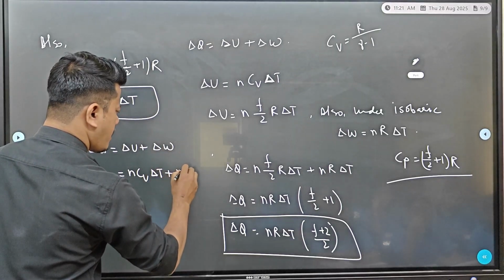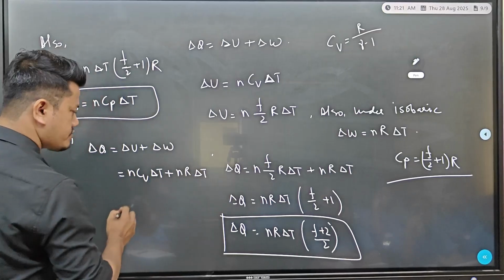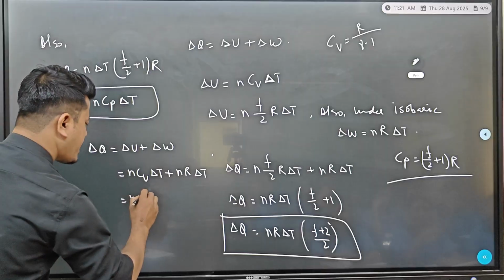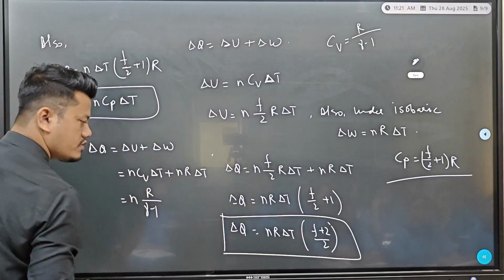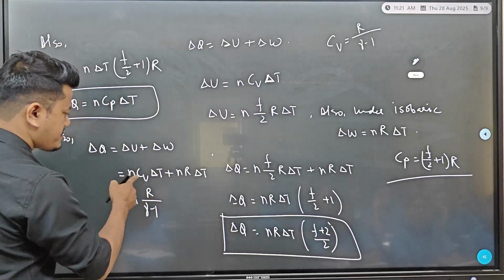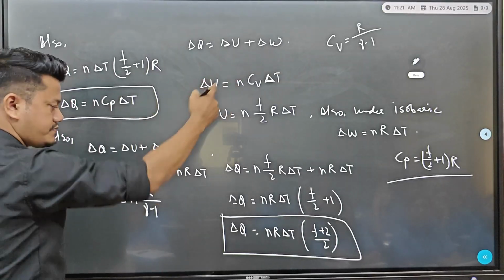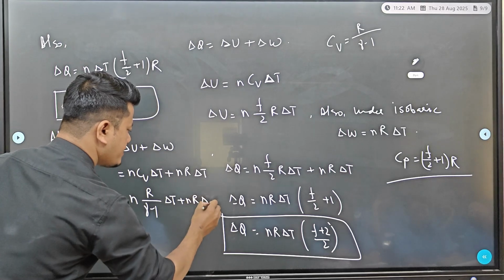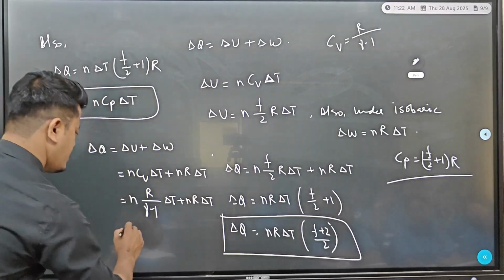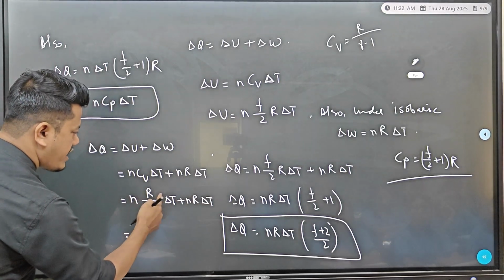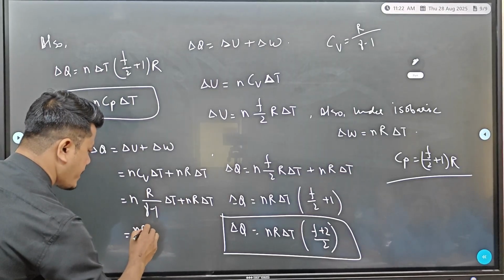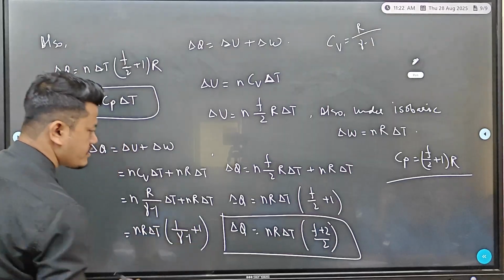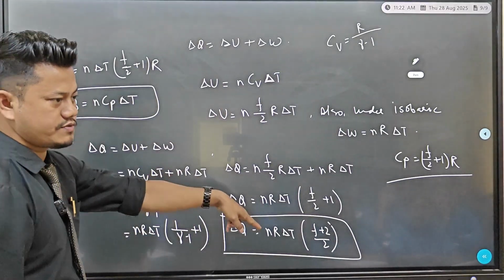It was nR del T. Yes or no? n Cv del T can be written, since Cv is R by gamma minus 1, or not? Got it everyone? In place of Cv, can I write R by gamma minus 1, into del T plus nR del T. Is that clear? Just look at here, nR del T can be taken as common, right? I can write 1 by gamma minus 1 plus 1. This part is over, I think so.